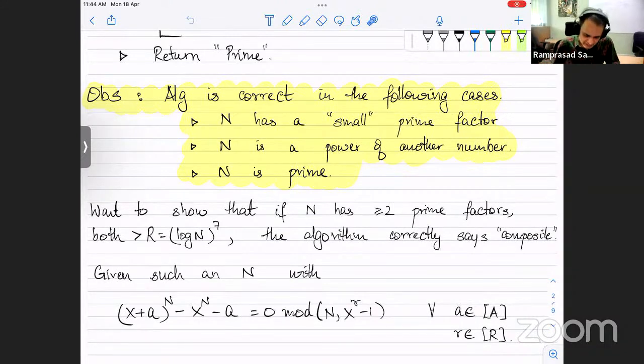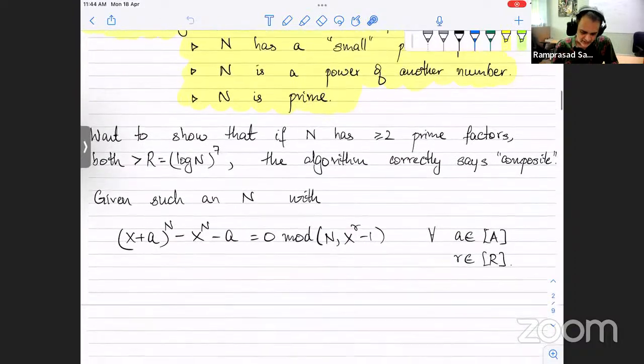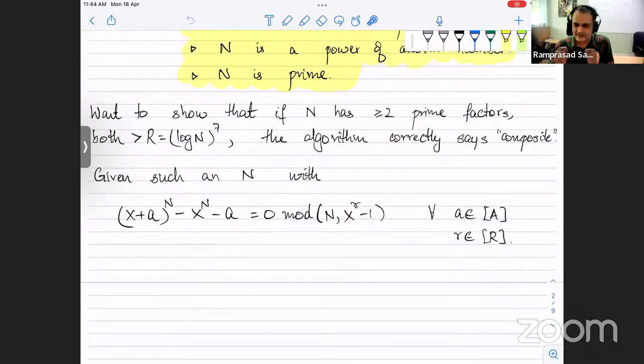Okay, so let's intuitively try and get a sense of the potential difficulty here, and why this is a very non-trivial statement to make. The reason, in my opinion, is the following.